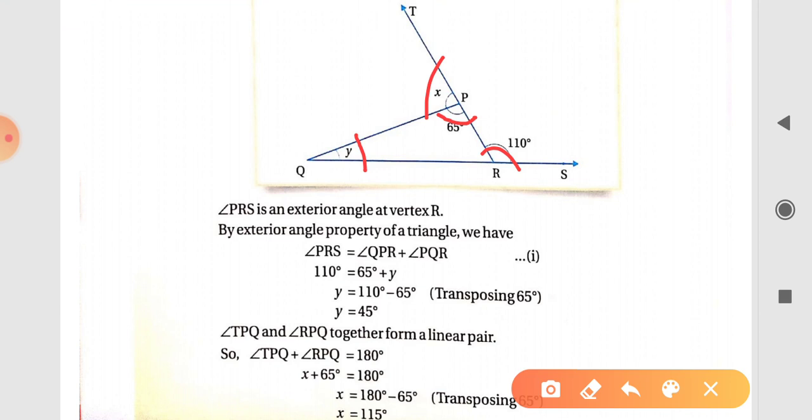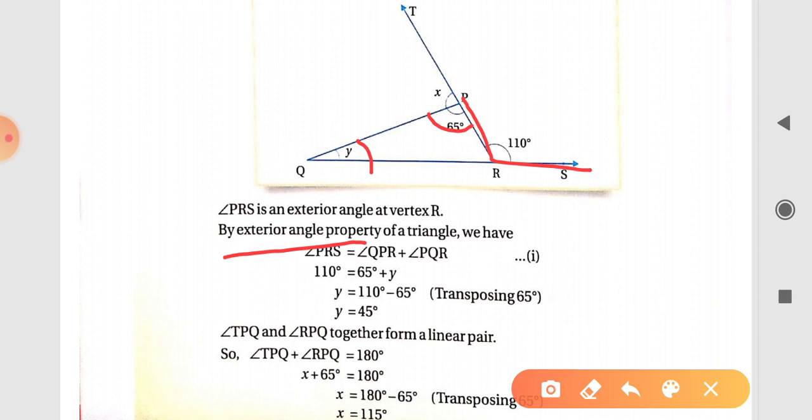We are given the value of an exterior angle, so we will use exterior angle property. By exterior angle property of triangle, angle QPR and angle PQR are opposite interior angles of this exterior angle.